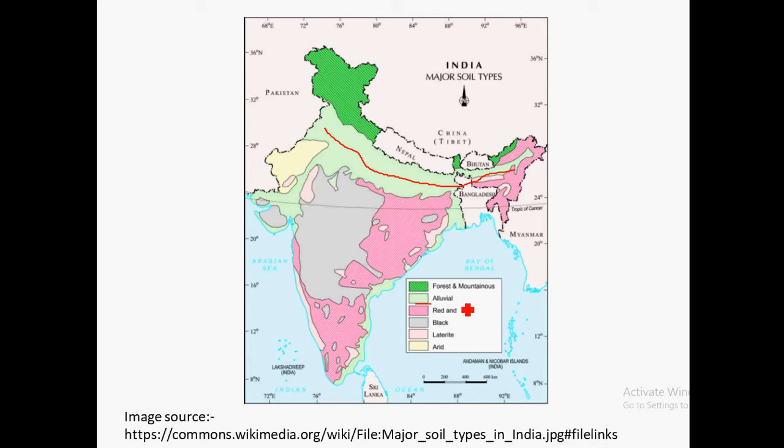And we should know that alluvial soils are formed by the sediments of rivers. It means that alluvial soils are formed by the remains of rivers. So we have to consider rivers which flow in those regions where these soils are formed.